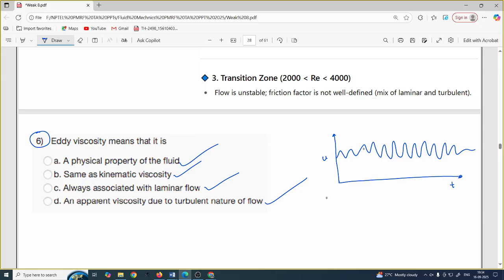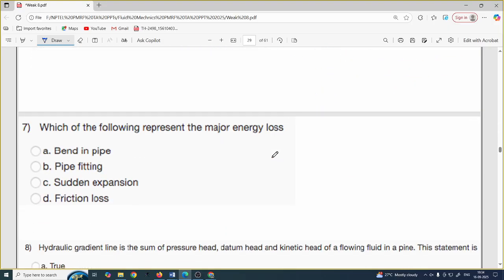Your fluid has friction due to viscosity, but you have another friction due to the random motion of the fluid particles. This random motion comes when the fluid is in turbulent flow. So definitely it is the apparent viscosity. This is not a property of the fluid. This is not the same as the kinematic, and never always associated with laminar, because this is due to the fluctuation. So yes, fine.